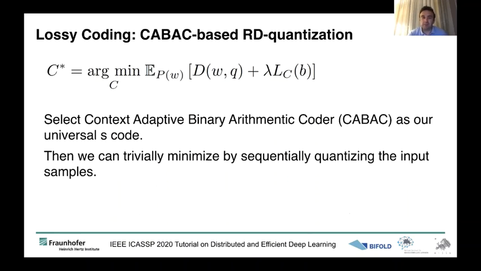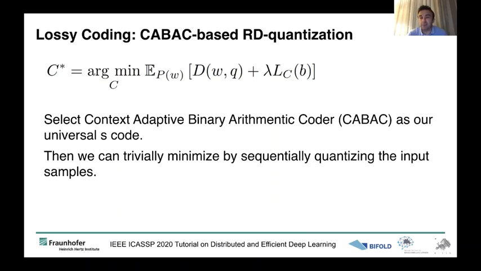Another, which is maybe more advanced, which we also tried out, is to use CABAC. So CABAC is a context adaptive binary arithmetic coder, so kind of a complicated arithmetic coder as a universal code. So we can use CABAC as a universal code and then just trivially minimize by sequentially quantizing the input samples.